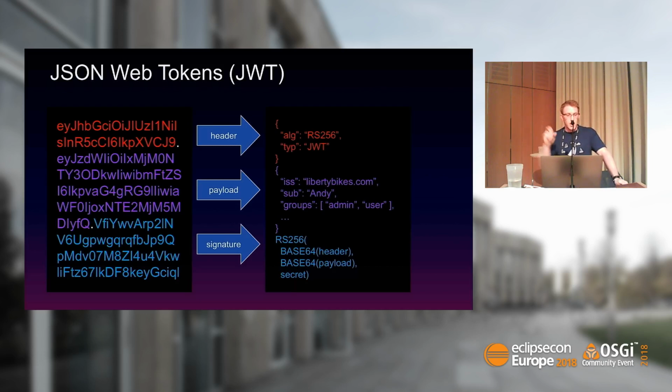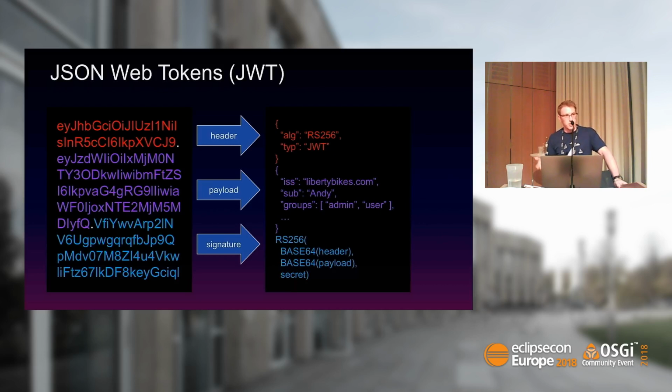Essentially how it works is you get this base64 encoded string that's broken into 3 parts that I have highlighted in red, purple, and blue. The top is a header that says what encryption mechanism is used, and the middle part is the guts of it, which says I claim that this web token has these claims, such as the username is Andy and he is an admin and also a user.